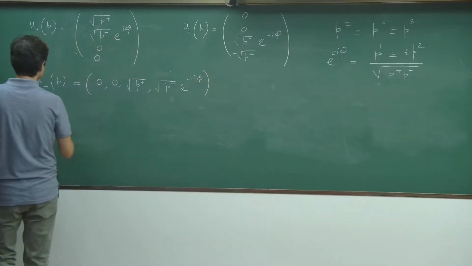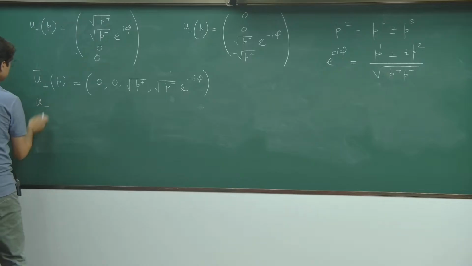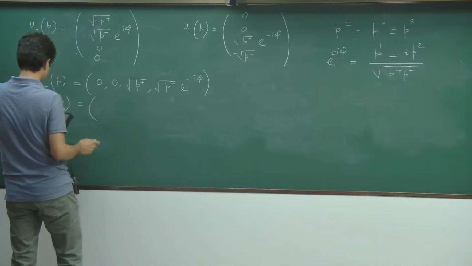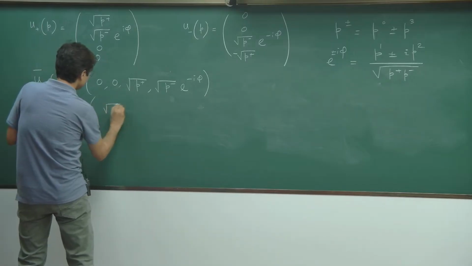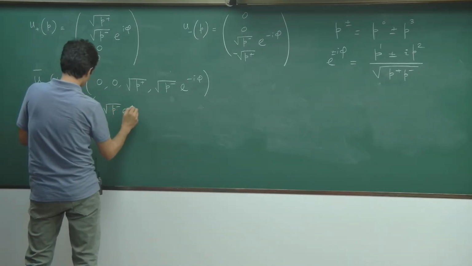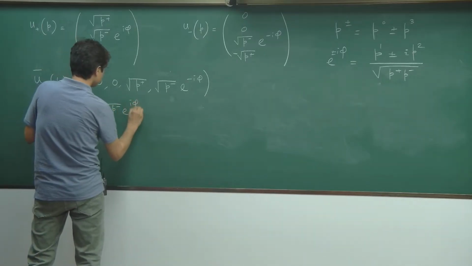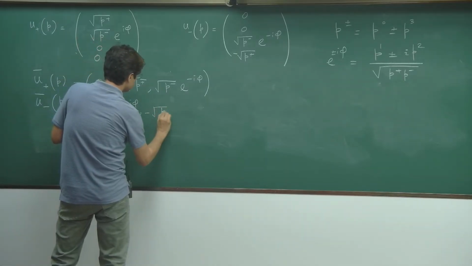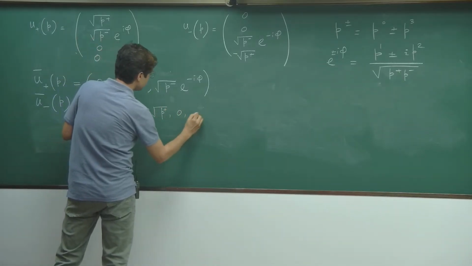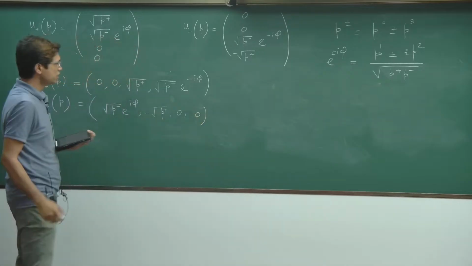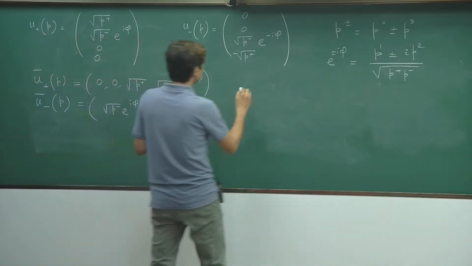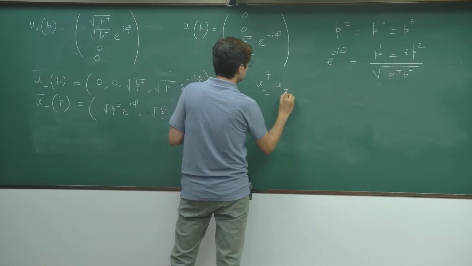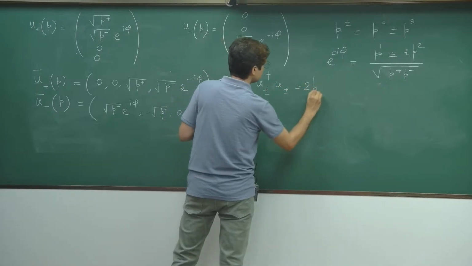Okay, and u minus bar is root over p minus e power i phi, minus p plus 0 0. Okay, and here the normalization is like u plus minus dagger u plus minus is equal to 2p0.